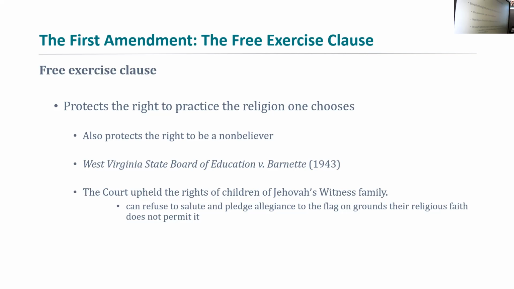One of them being the no gods before me, false idols concept. They think that pledging allegiance to a flag or to a nation is basically worshiping a false idol. That's their interpretation of that stipulation. And so religiously they can't do it. And the government has said, yeah, you don't have to do it, but everybody else has to.